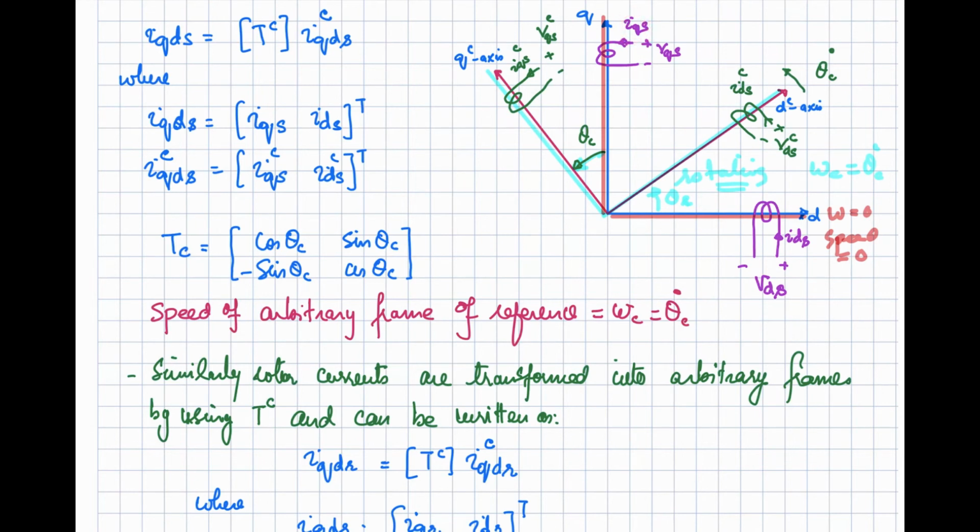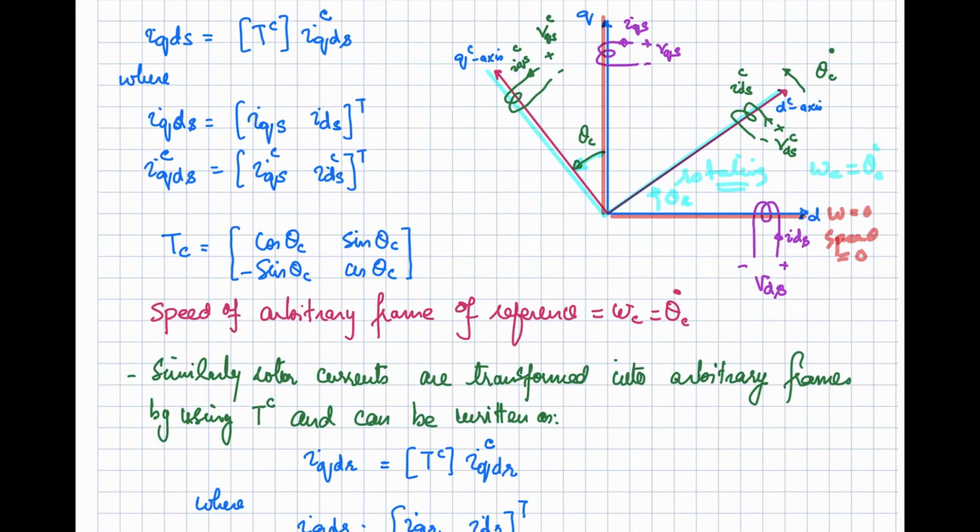And now how to convert it into the rotating frame of reference, that is rotating with the speed omega c, right? So how to get that one? We need a transformation matrix, and that transformation matrix we have already seen in the videos of the last week.